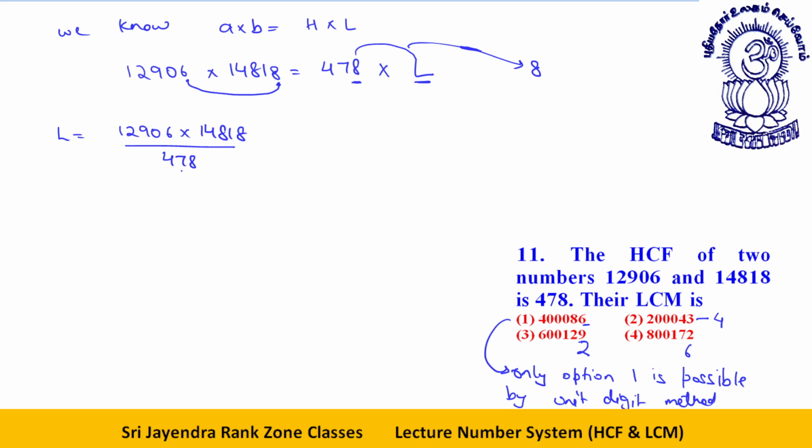Students, one thing is for sure, if you cancel this number by any of these numbers, now you will definitely get the product. Why is it so? Look, see, the thing is, HCF divides this as well and HCF divides this as well. So let's say I divide 12906 by 478. Okay, 478 into 2. Let's find this.